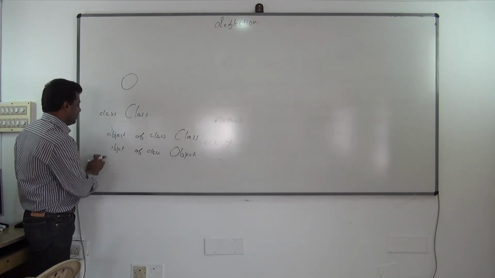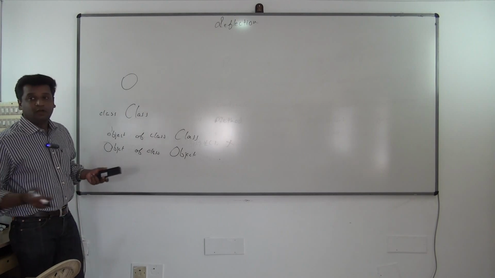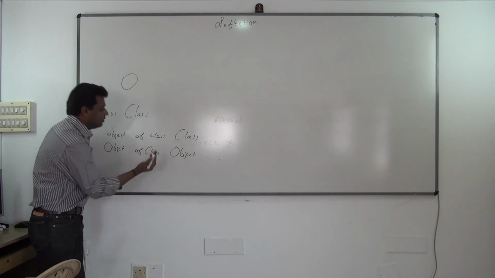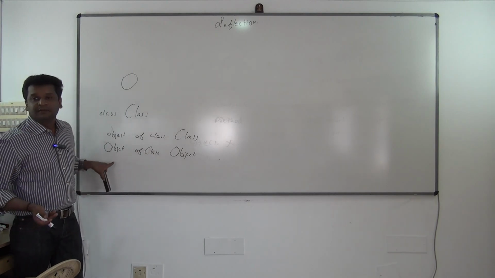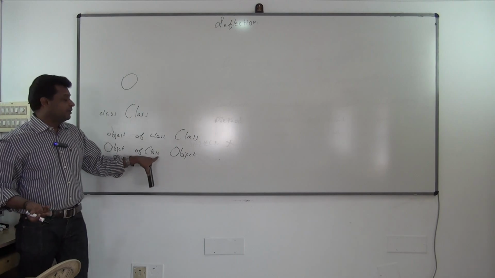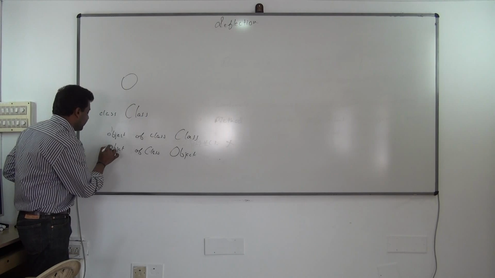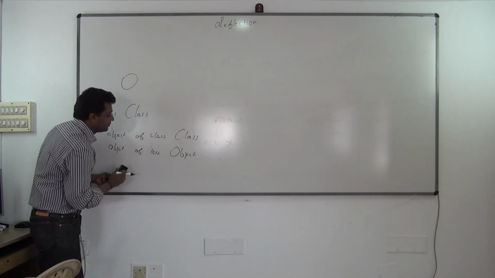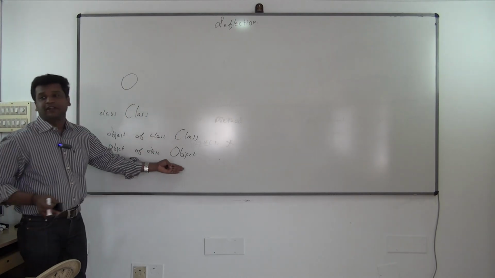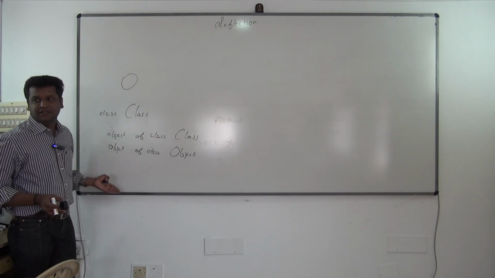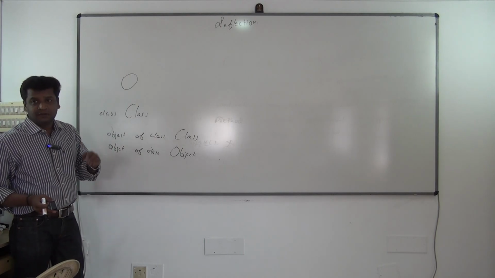If I write capital O here, what happens? Object of all caps doesn't make any sense. Object of capital C, capital O, what sense does it make? So the correct way of writing is object of class. My intention was to create an object of class. So follow these conventions, otherwise tomorrow you will not understand your own notes.